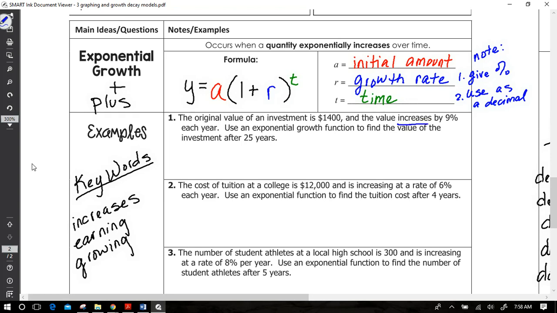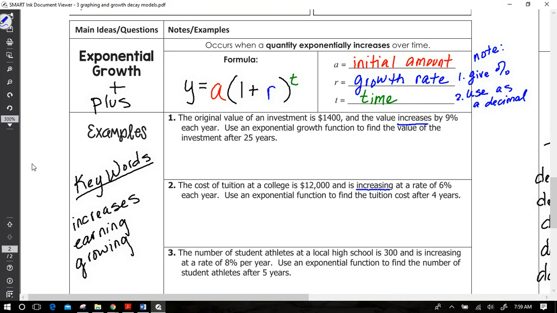So increases, increasing. You might also see earning or growing, or multiplying. Let's say we were talking about the population of rabbits, right? So the population might double in size, those kinds of situations.